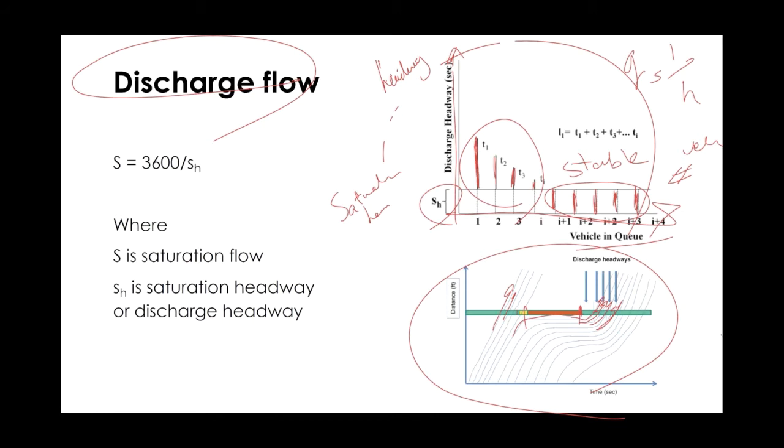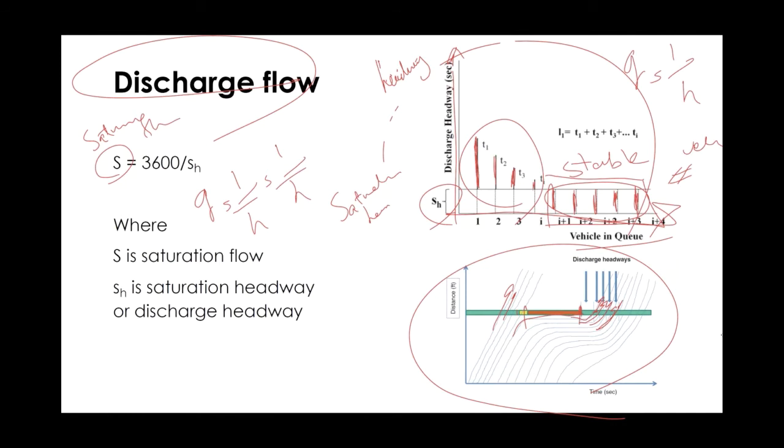So if we only look at this stable part of the diagram, where vehicles have a more stable headway, we can take that as the saturation headway. And we can use the equation that flow is the inverse of average headway to calculate the saturation flow. So this S is our saturation flow, which is 1 over the average headway.